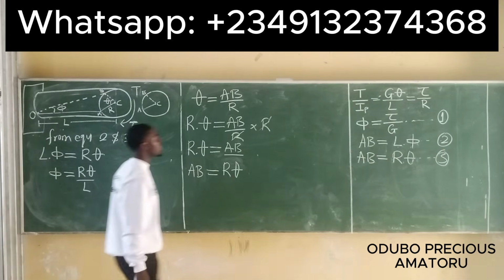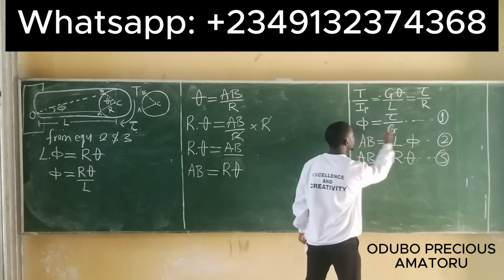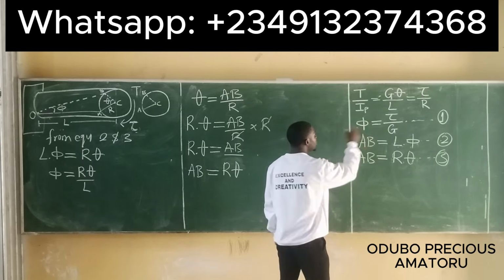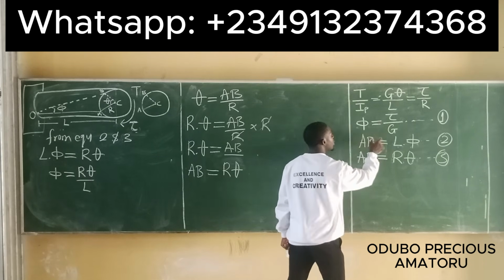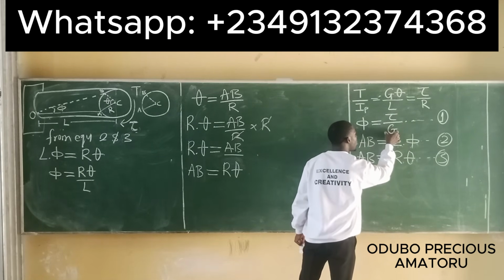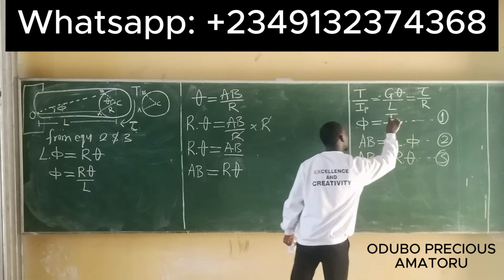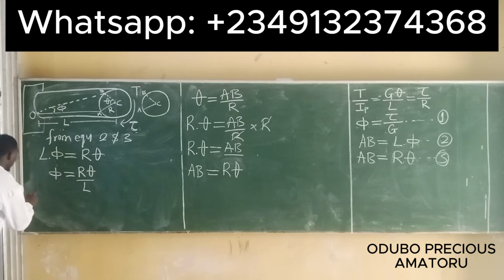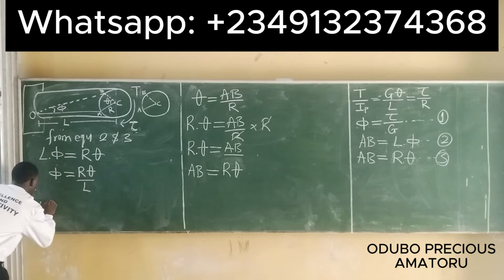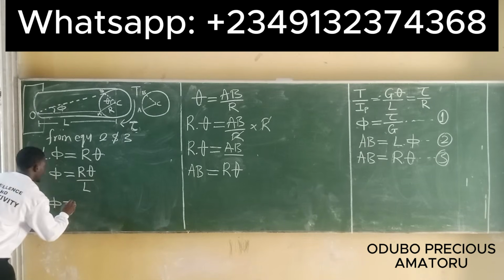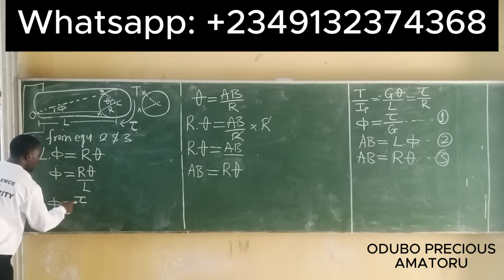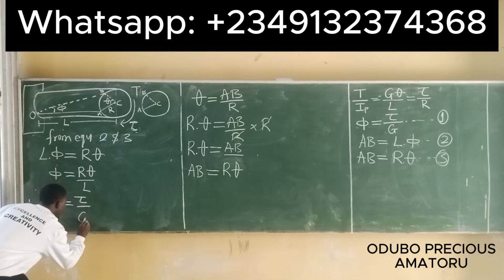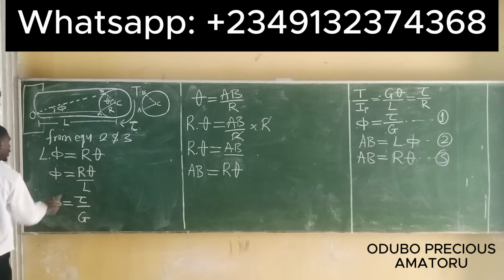Now note from equation 1, we said that the shear strain is equal to the shear stress over the modulus of rigidity. So we can take this and put it in here, into this equation.